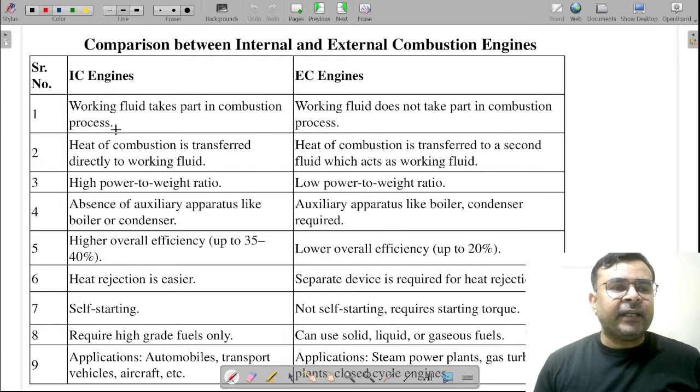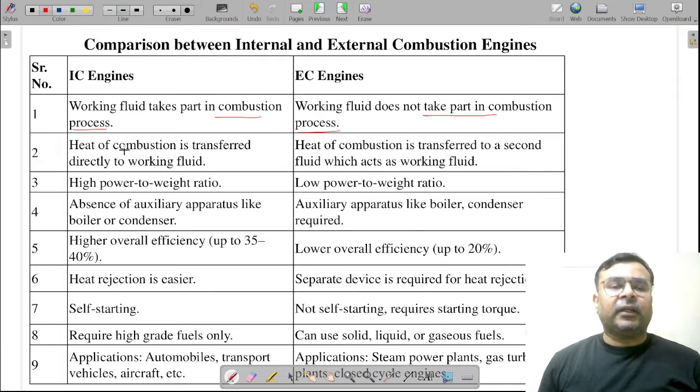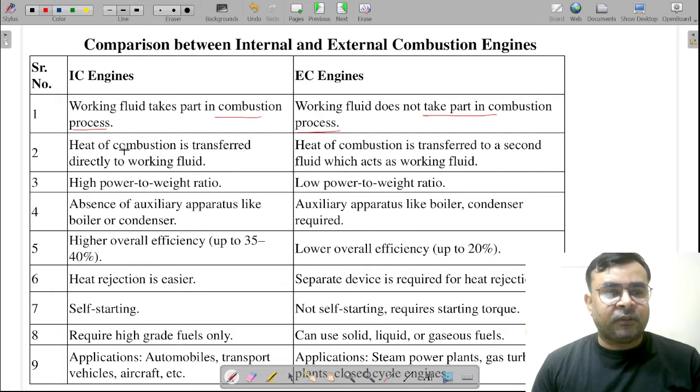So obviously in an IC engine, the working fluid takes part in the combustion process. In an external combustion engine, the working fluid does not take part in the combustion process. Is it right? It means in an IC engine, fuel is directly burned and it produces work. But in external combustion, it cannot be used directly to produce work.